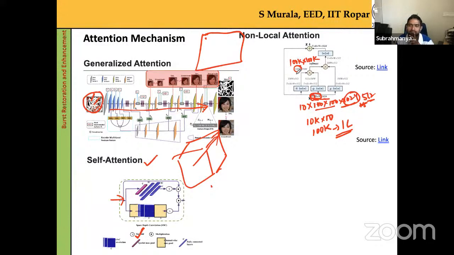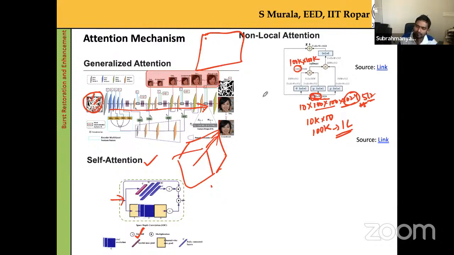So that is the reason when we go for non-local attention, people divide the image into sub-blocks, maybe 10 by 10 blocks or maybe 15 by 15 blocks, and then process them. Even with 10 by 10, if you consider 10 into 10 by 10, you are getting a 1000 by 1000 matrix. Even a 10 by 10 sub-block gives 1000 by 1000, which is a larger size and a bit difficult to process.